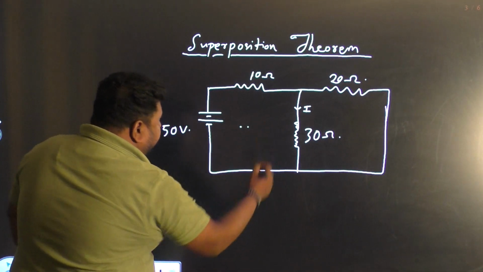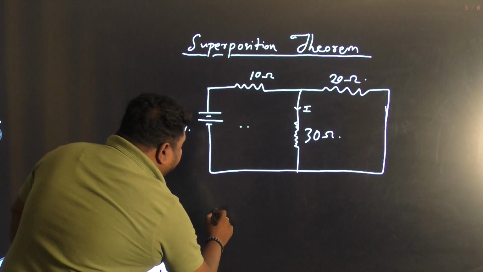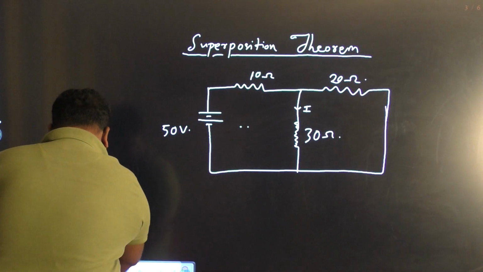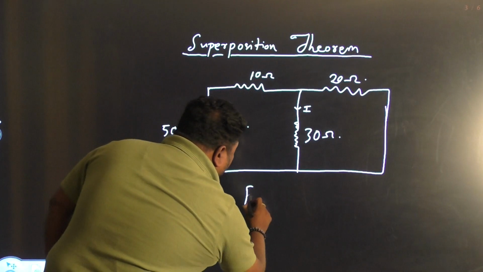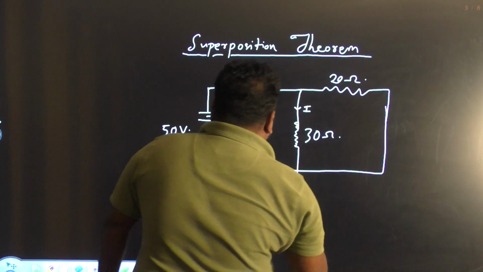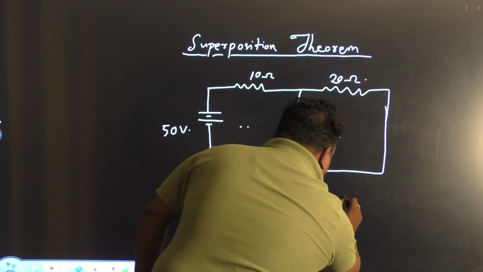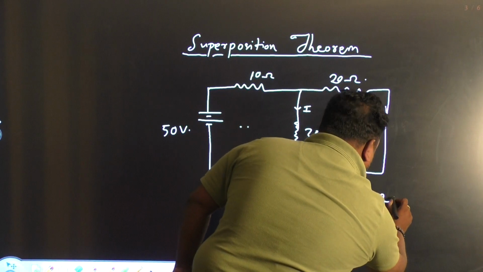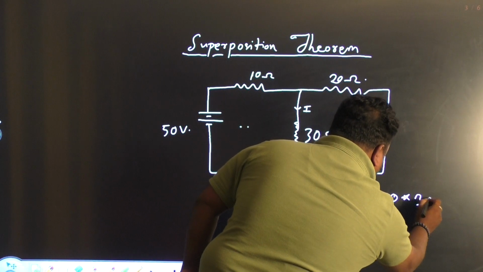First, to find out the current, I have to find out the R equivalent. All of you know how to find out the R equivalent. It is very simple: 10 plus 20 and 30 are parallel to each other.